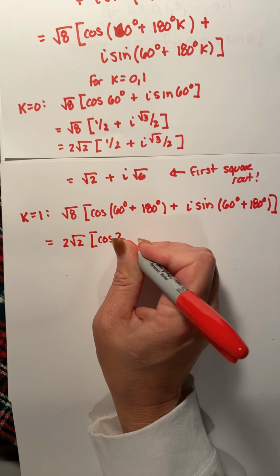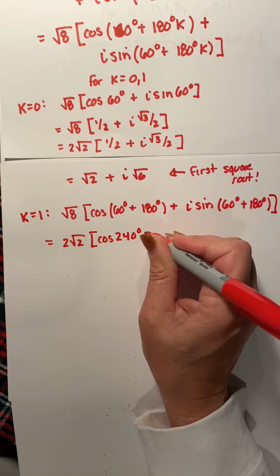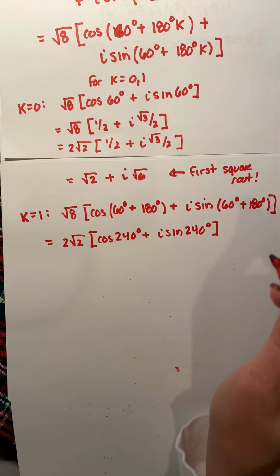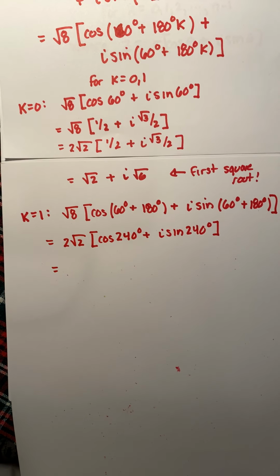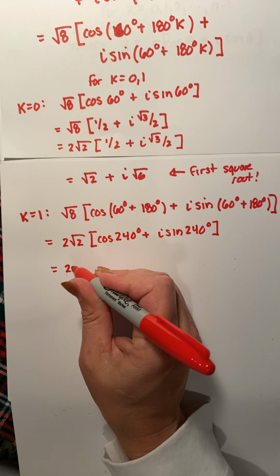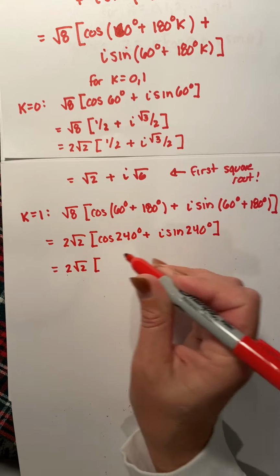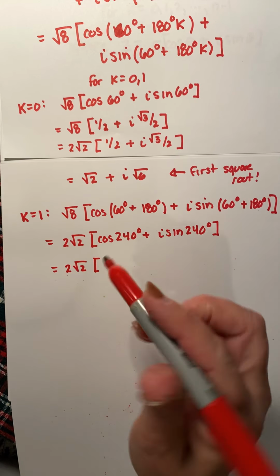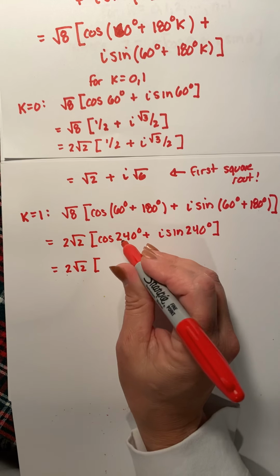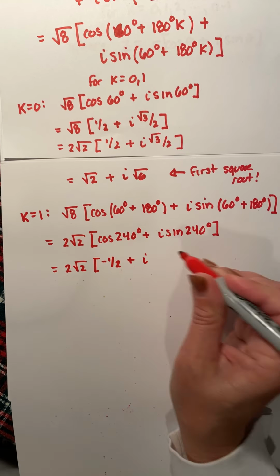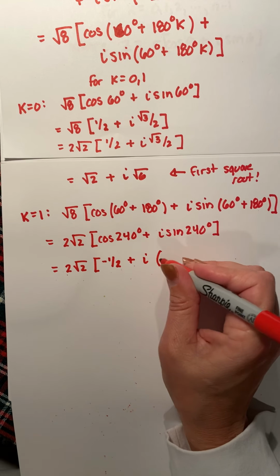Well, 240 is in the third quadrant with reference angle 60 degrees, but the cosine in the third quadrant is negative, so negative 1/2 plus i. Sine is also negative in the third quadrant. So we do the distribution, and we get negative square root of 2 minus i square root of 6. So that was the second square root.